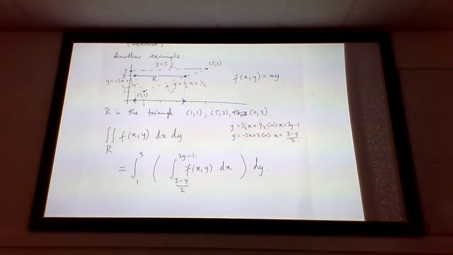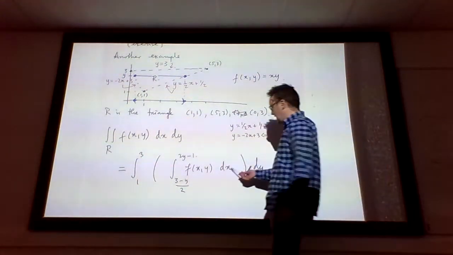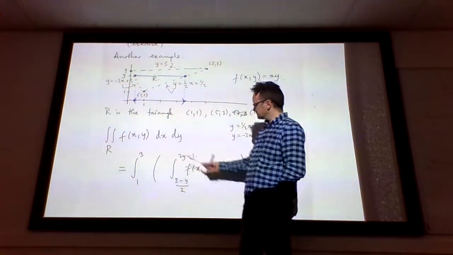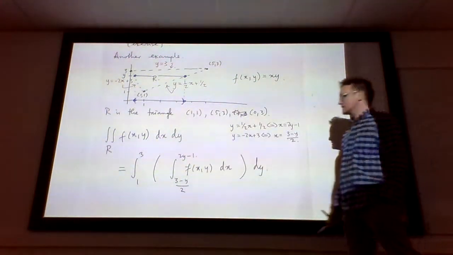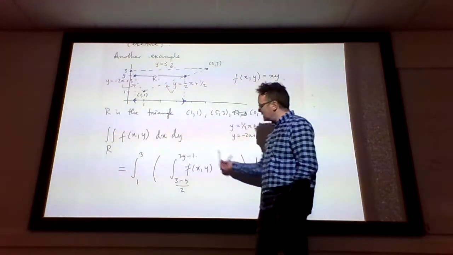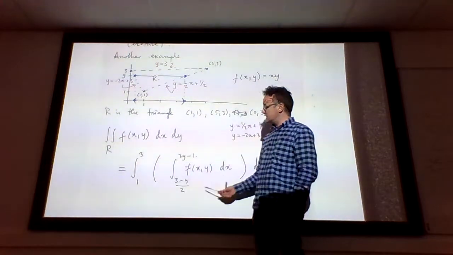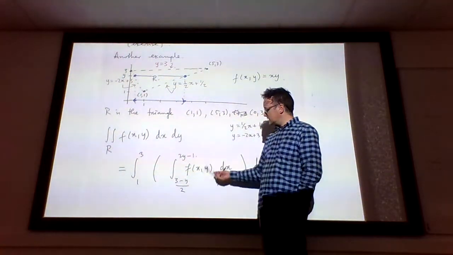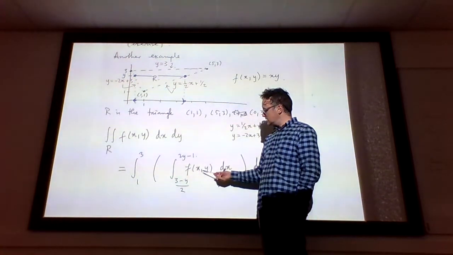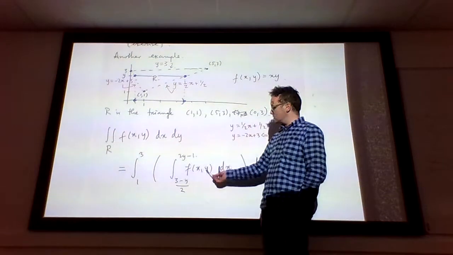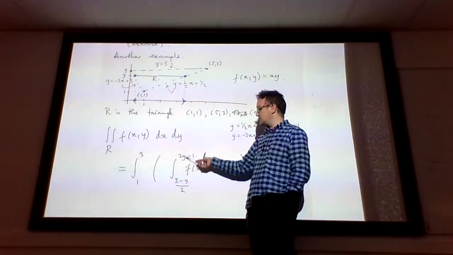So again, we've got variable limits on the x integral, constant limits on the outer integral. The value of this inner integral will definitely be a function of y. You integrate the function, the x's will integrate to certain features, there'll still be y variables, and then we substitute these values in for the x variable.